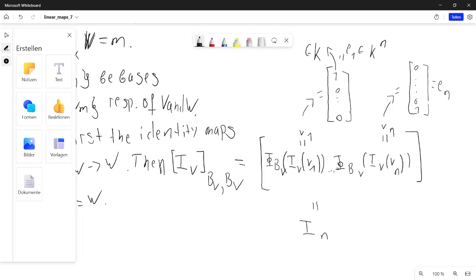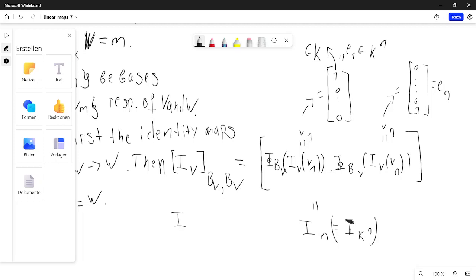Don't mix it up with the notation for the identity map here. Here there's just n instead of k^n, but this is of course the same as I_n on k^n, because on k^n the matrices and the maps are identified directly. Clearly, because you can just consider the standard basis and identify them directly, right? You have to think about it a little maybe. And this is the n cross n identity matrix, so nothing interesting.